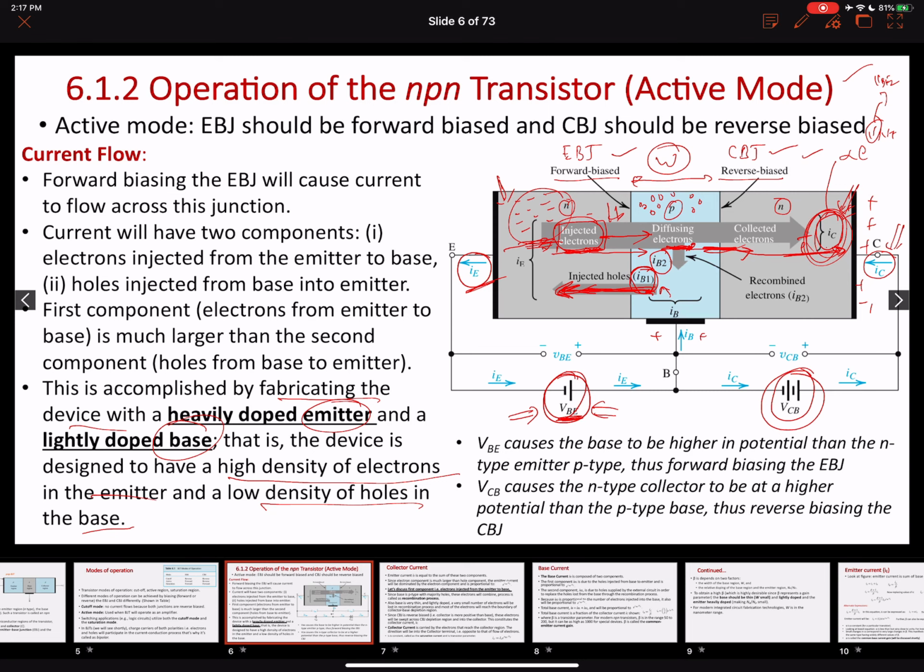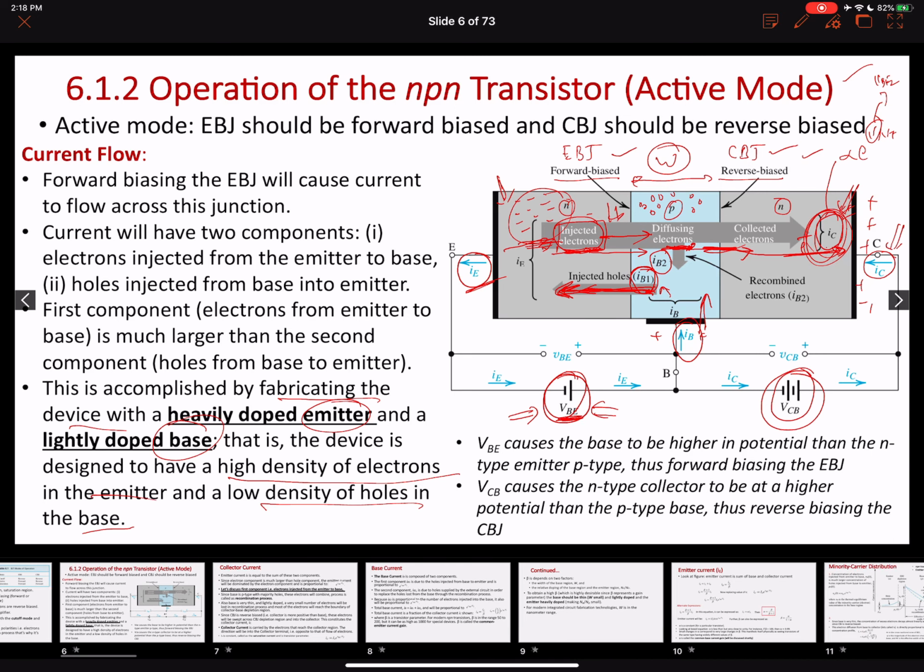So in order to replace those holes, the holes were drawn from the external circuit into the base. That is why this is the direction of the base current. The amount of that current is the same as the amount of the electrons that were lost due to the recombination process.